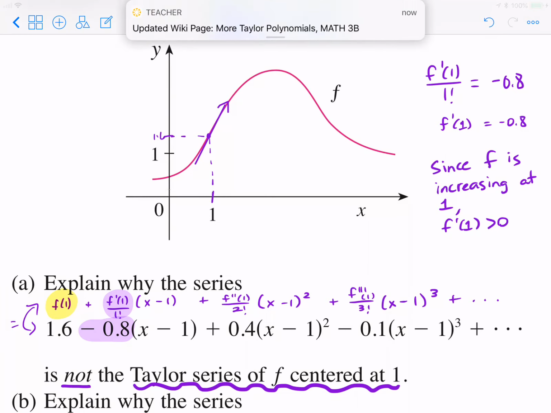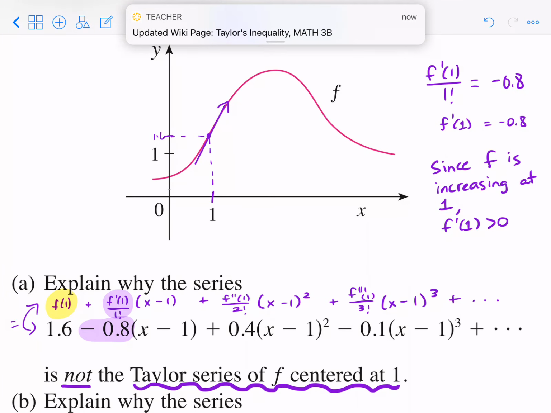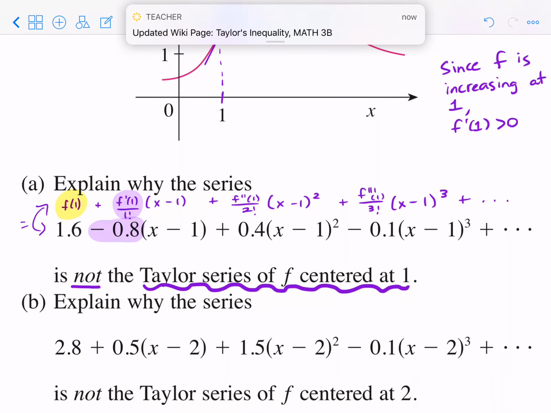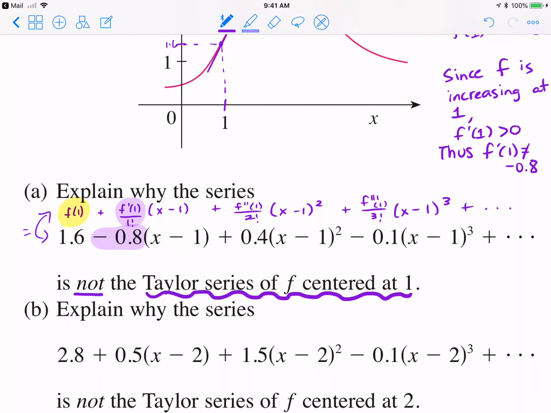So f prime of 1 can't be negative 0.8. So that's our explanation. Thus, f prime of 1 is not equal to negative 0.8.